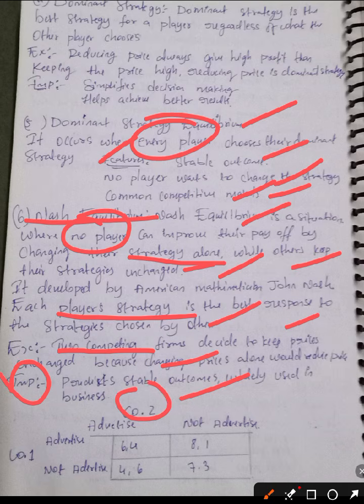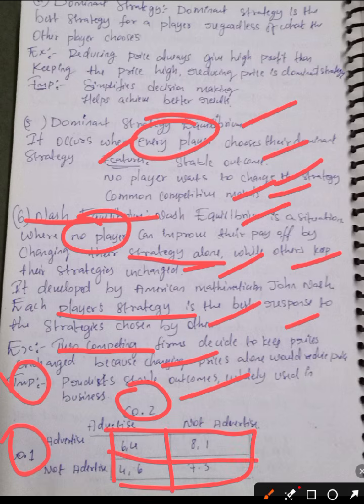So this is company 2 and this is company 1. This is the normal example I gave: advertise, not advertise. Company 2, if they advertise, if they do not advertise; and company 1, if they advertise, if they do not advertise. Let's see. If company 2 advertises, they get 6 and 4.